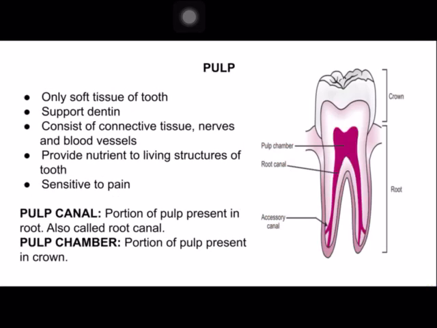Further, pulp is divided into two types: pulp canal and pulp chamber. Pulp canal is the portion of pulp present in the root, also called root canal, while pulp chamber is the portion of pulp present in the crown. It is also called pulp cavity.